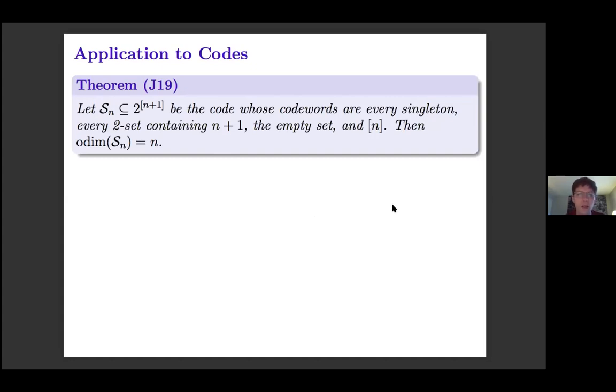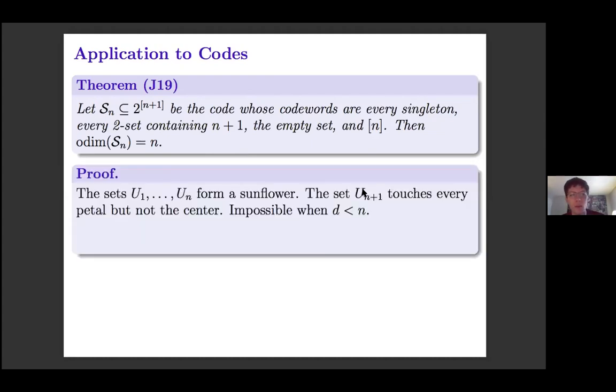What am I describing here? I'm describing a situation where U1 through Un form a sunflower, and then this n plus first set slices through all the petals but does not touch the center of the sunflower. My claim is that the open embedding dimension of this code is equal to n.